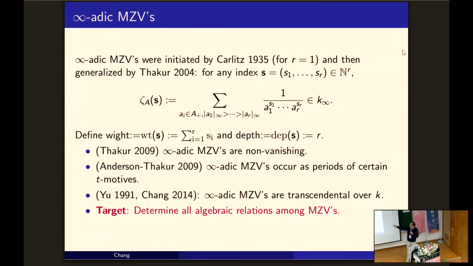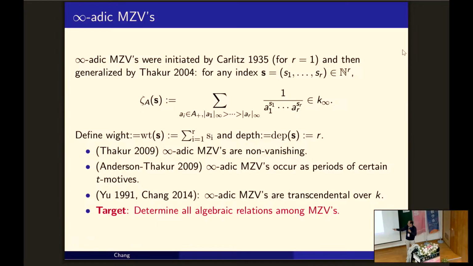So this is in the non-archimedean setting, and Thakur showed that his MZVs are non-vanishing. These MZVs have arithmetic geometric meaning, in the sense that they are periods of certain t-motives in the function field case, due to Anderson and Thakur. In depth two it was due to Professor Jing Yu, and I generalized it to arbitrary depth.